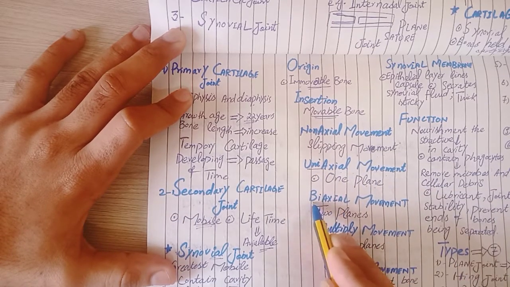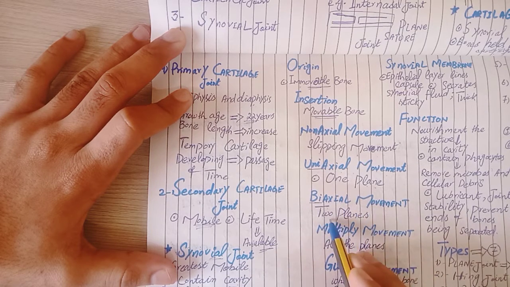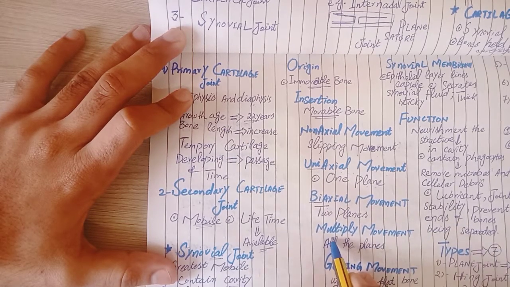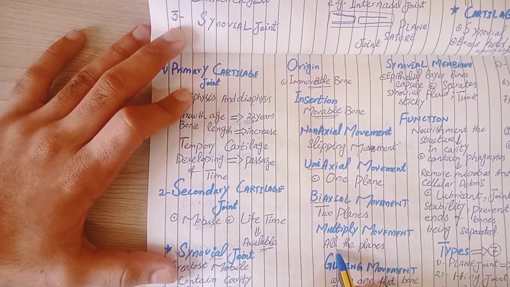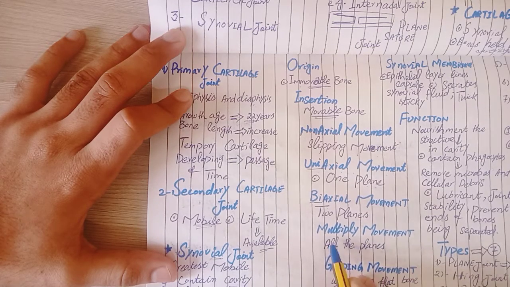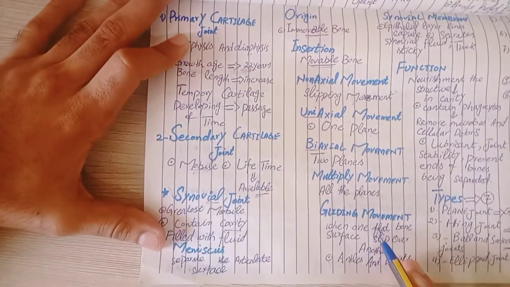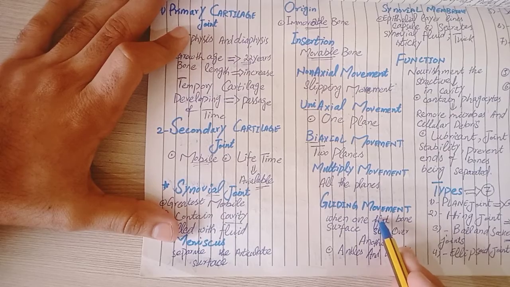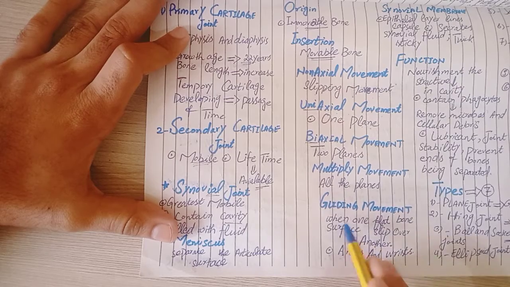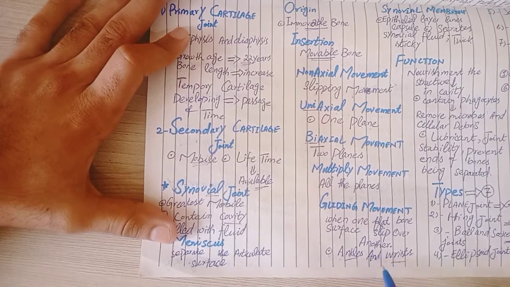Biaxial movement: bi means two, so movement in two planes is biaxial. Multiaxial movement is movement in all planes. Gliding movement, also known as planar movement, occurs when one flat bone surface slips over another. Gliding movement is present in the ankle and wrist.